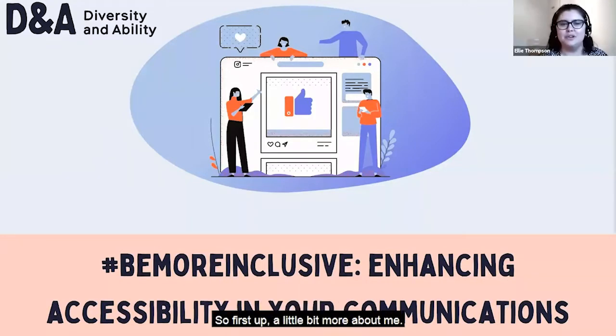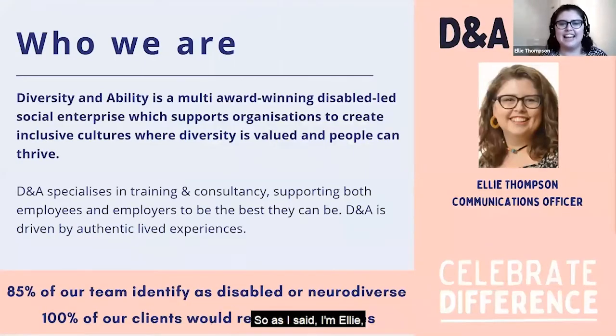So first off, a little bit more about me. As I said, I'm Ellie, and I'm the Communications Officer at Diversity and Ability. We're a disabled-led social enterprise that supports individuals and organisations to be inclusive, to feel supported, and to really thrive in their own way as well.